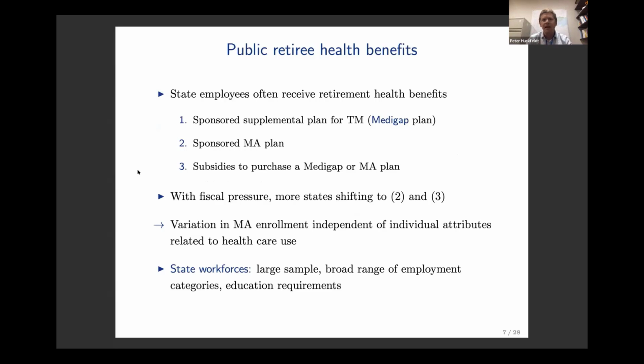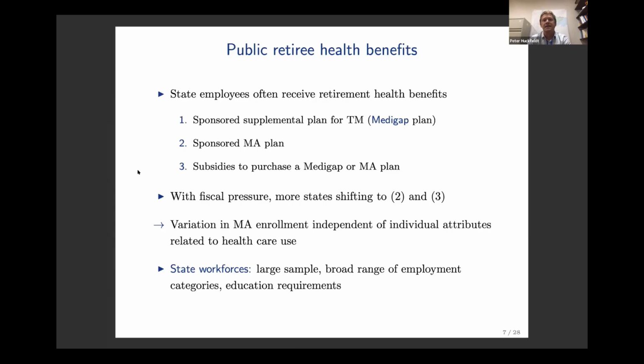Retirement health benefits are less and less prevalent for private sector workers, but public employees still often receive these kinds of health benefits. There are different ways that Medicare eligible employees would get benefits across states. One approach is to provide a Medigap supplemental plan for traditional Medicare.